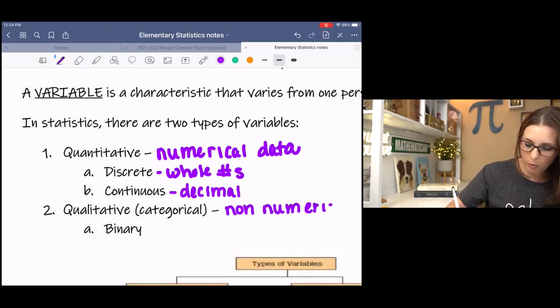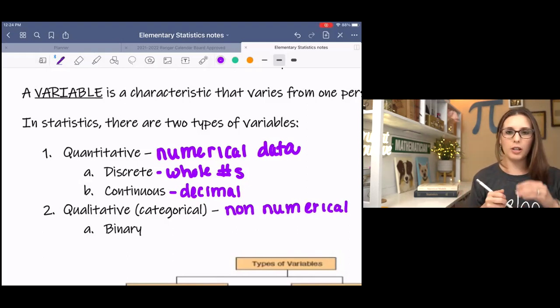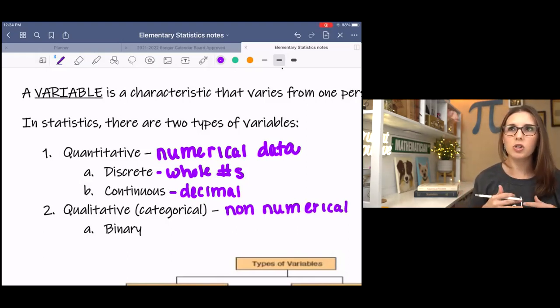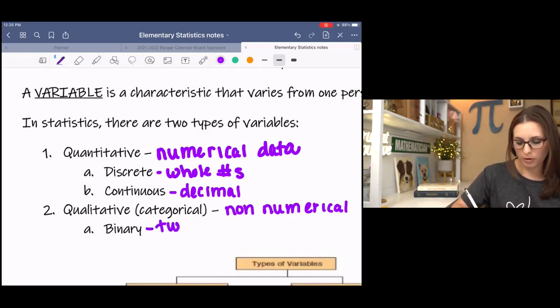Now, my wording here can get tricky because there are situations where numbers are describing a category, so we just have to be careful with that, and I'll explain that in a little bit. And then binary means, or bi means two, so a binary categorical variable means that there's only two options or two possibilities.